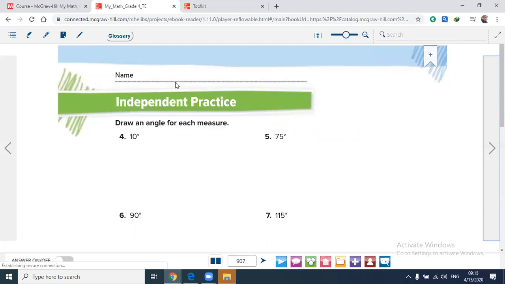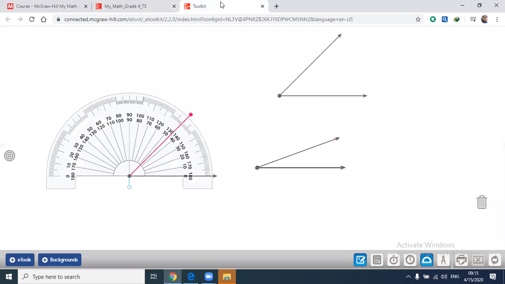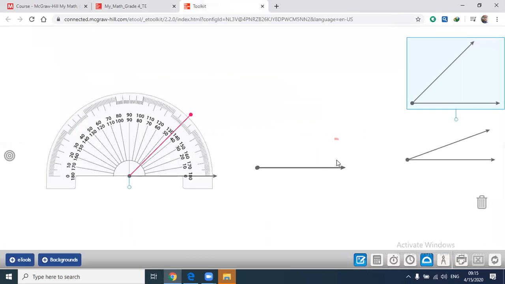Follow the steps. There are 3 steps. At the beginning, draw a line. As you see, this is the line.